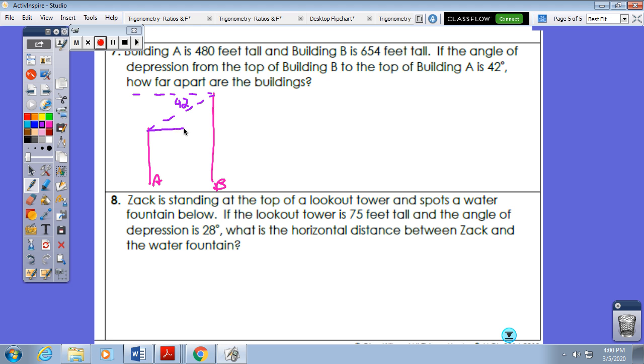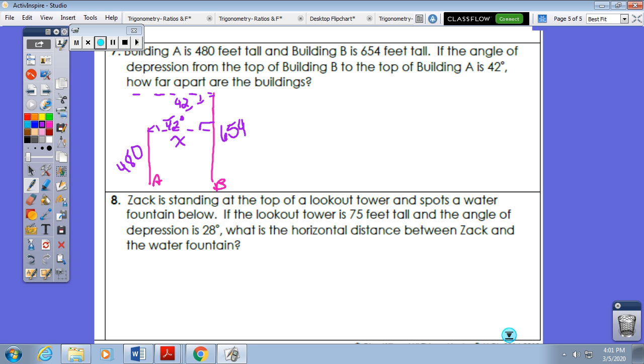They want to know from here, this is 42 degrees, alternate interior. Here's your right angle. So it says building A is 480, building B is 654. How far apart are the buildings? So here's my x value. We want to know how far apart the buildings are.